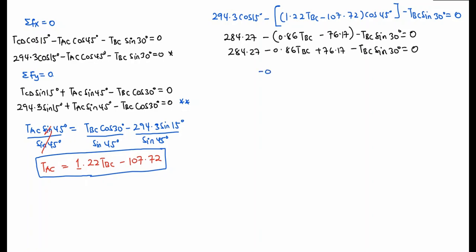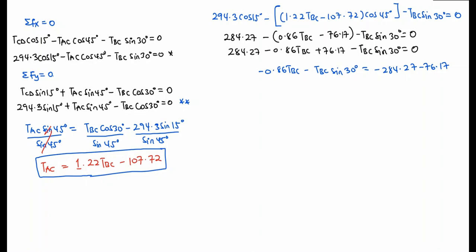You're going to have minus 0.86 TBC, and then minus TBC sine of 30 degrees. Okay, this should be equal to minus 284.27, minus 76.17. Okay, so now let's finish this up.